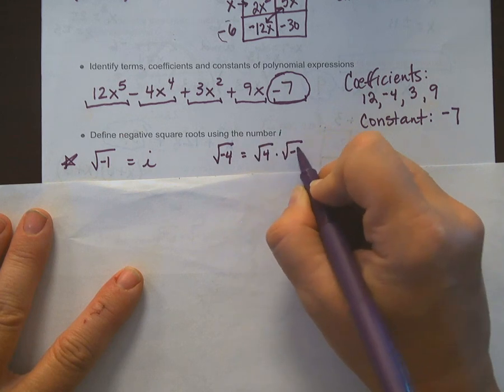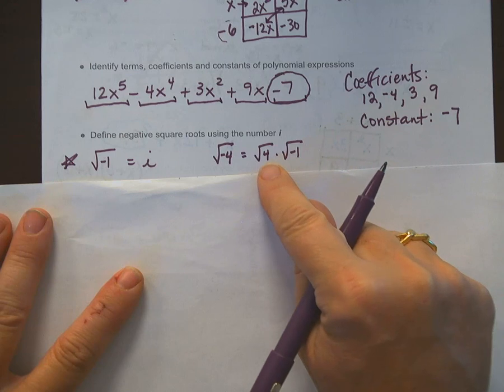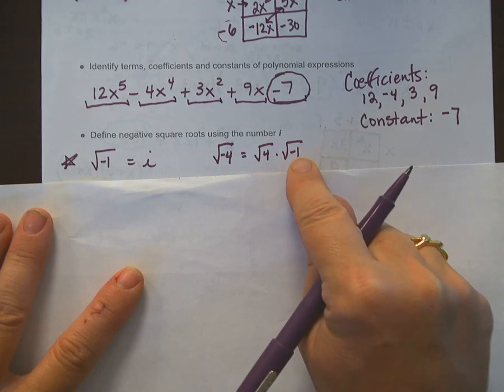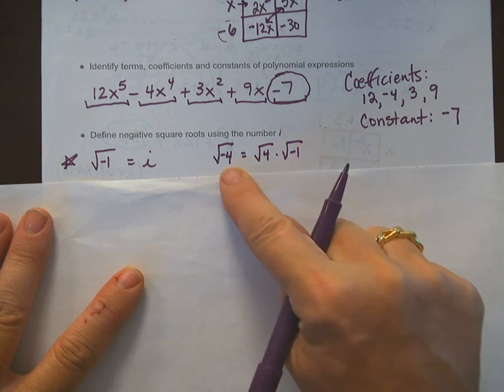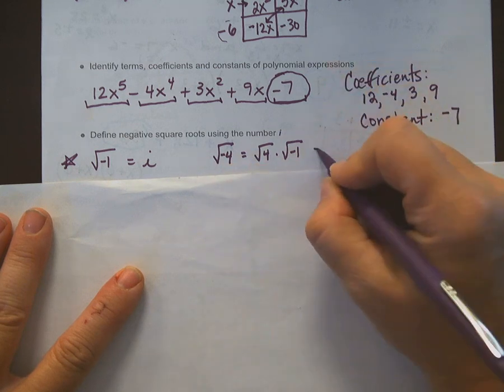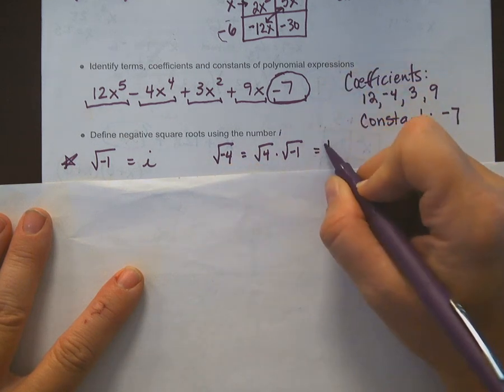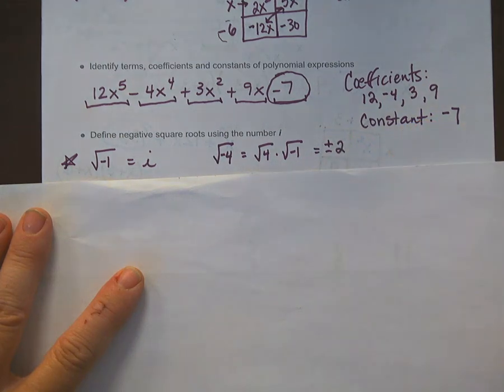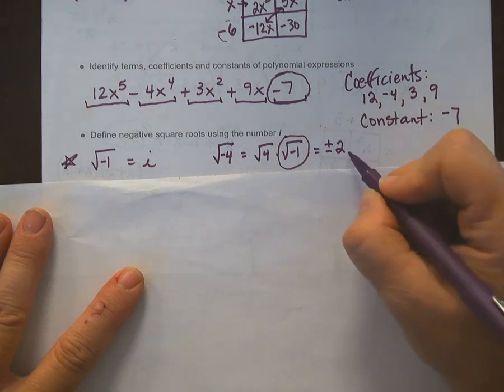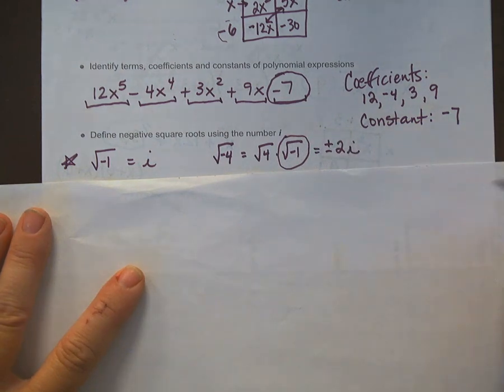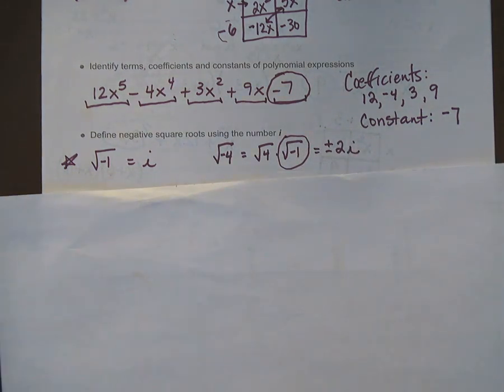Notice that negative 4 is the same as saying 4 times negative 1. So in other words, I'm pulling this square root of negative 1 out of this problem. Because now we know that the square root of 4 is plus or minus 2. And we know by definition the square root of negative 1 is i. So our answer would be plus or minus 2i.